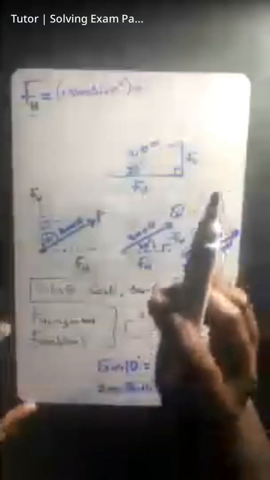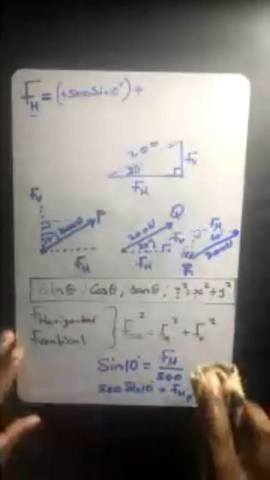Okay, 100. Most importantly, guys, what are we using? We are using cos because FH, according to this triangle, is the side which is the adjacent.